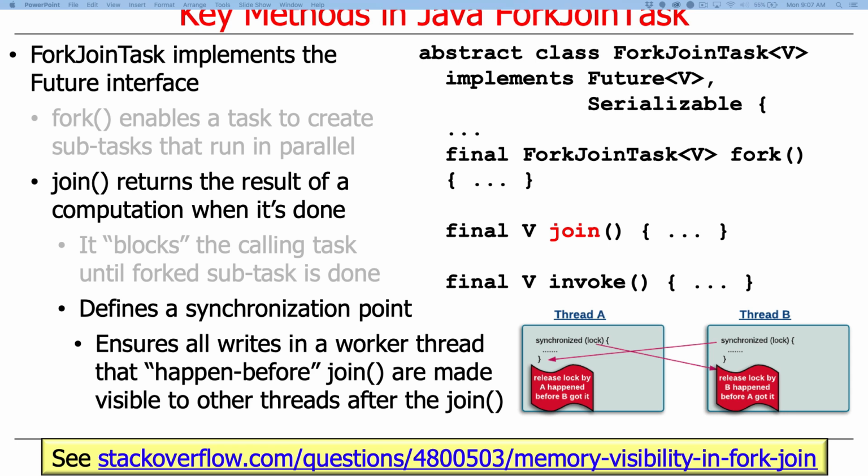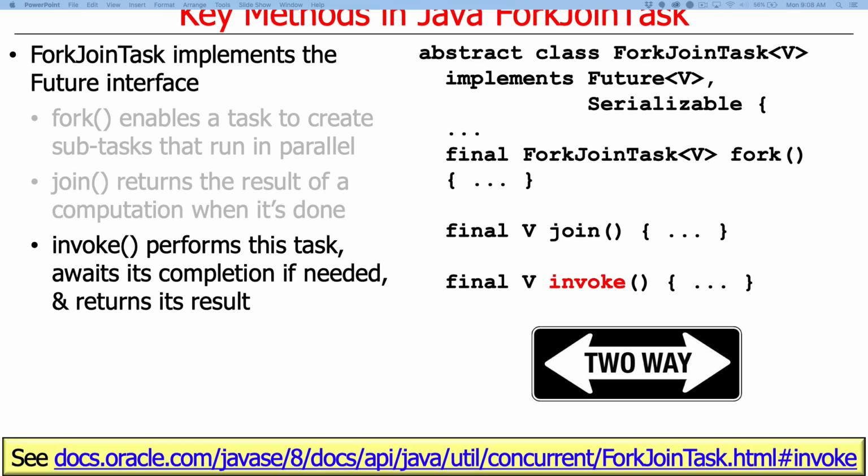We need to do this to make sure that any changes that have taken place in the thread that was forked in the background are properly propagated to whatever thread is joining with it when all is said and done. Otherwise, you end up with something called memory visibility problems or memory inconsistency errors. I'm not going to spend a lot of time talking about this. That'll be a topic for great discussion next time. But just be aware that join also has this characteristic of being a synchronization point.